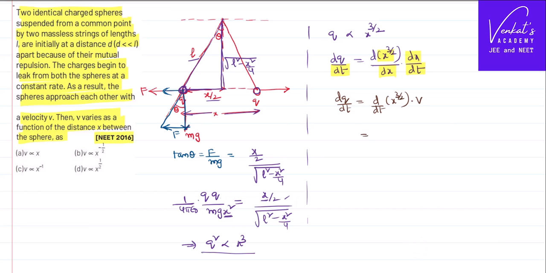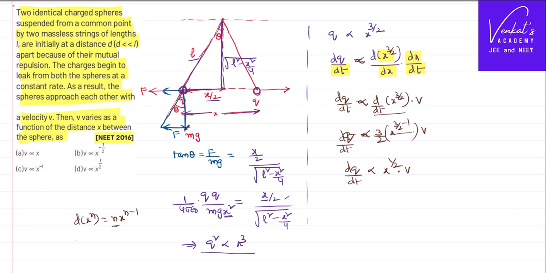So dq by dt is, by differentiating this, using the formula for differentiation of x power n, which is n into x power n minus 1, in the place of n you have 3 by 2, so 3 by 2 x power 3 by 2 minus 1 multiplied by v is dq by dt. I don't write equate, I will write proportional, because we only got proportionality in all these places. So dq by dt is proportional to x power of 3 by 2 minus 1, that is 1 by 2, and v.